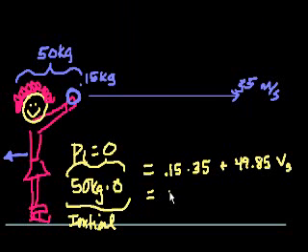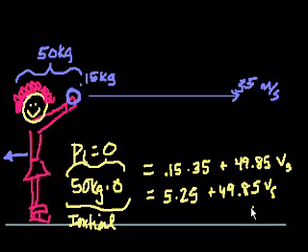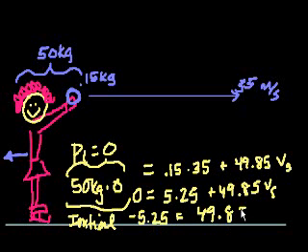So that equals 5.25 plus 49.85 times the skater's final velocity, and of course this equals 0 because the initial momentum was 0. So let's subtract 5.25 from both sides, and then the equation becomes minus 5.25 is equal to 49.85 times the velocity of the skater.